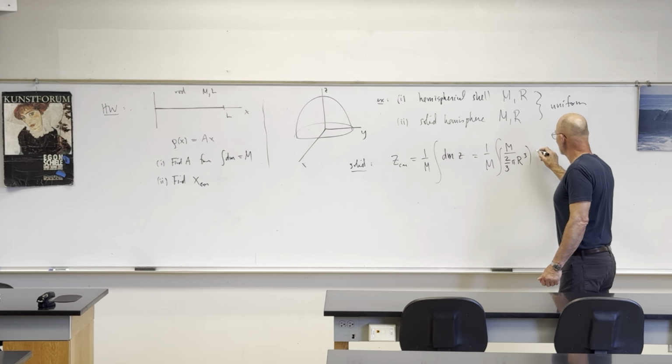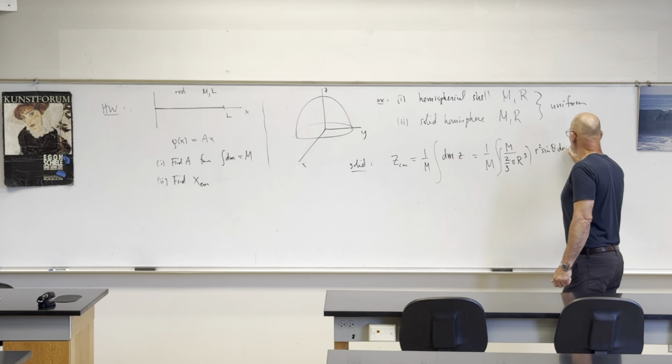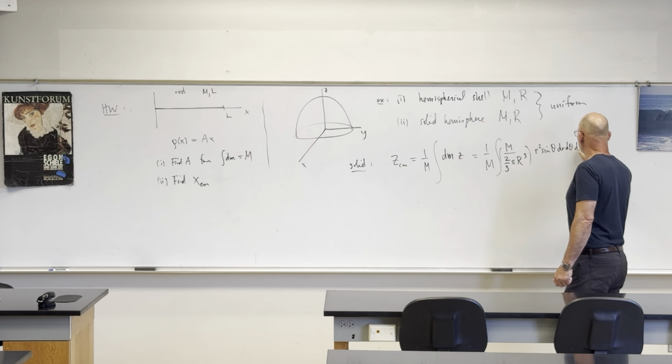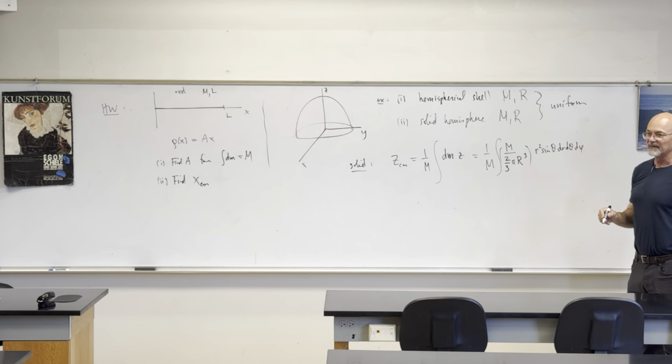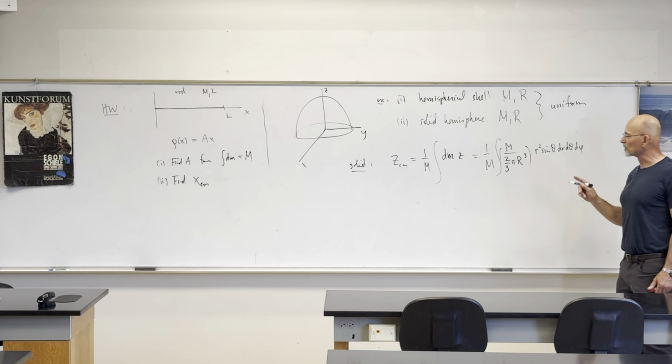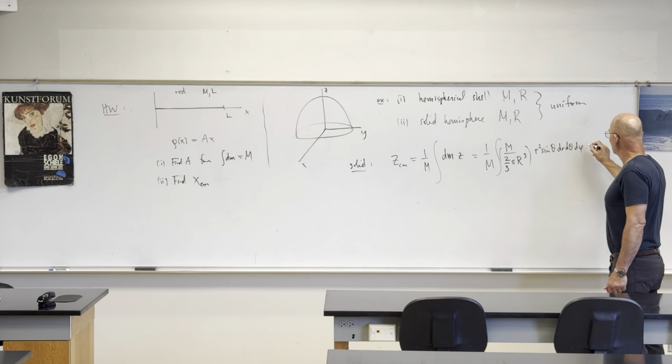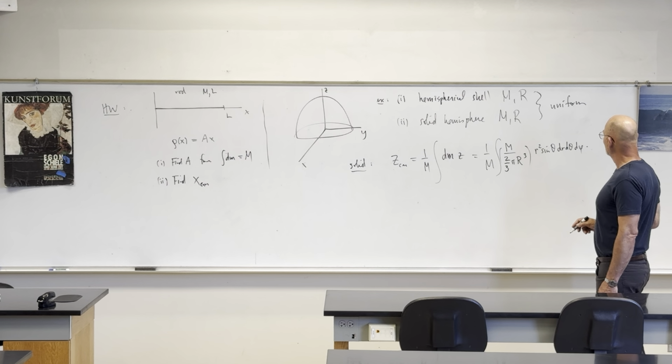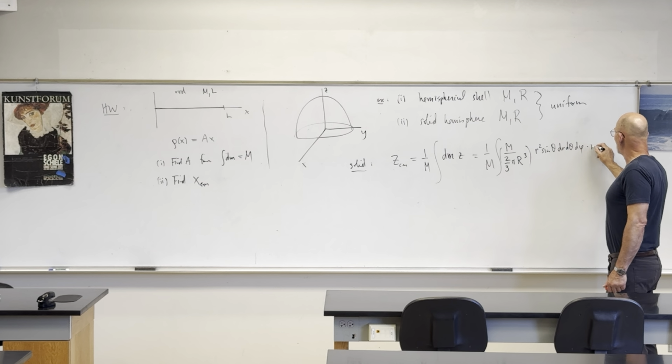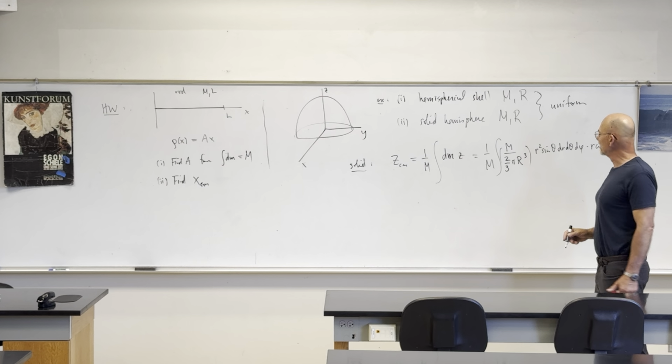Since it's solid, r squared sine theta dr d theta d phi. So that's the volume element in spherical polar coordinates. And then your z is going to be r cos theta. And so you just have some integration to do.